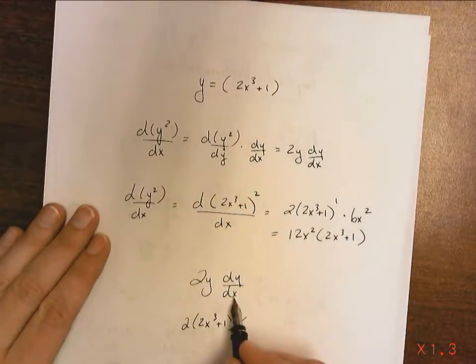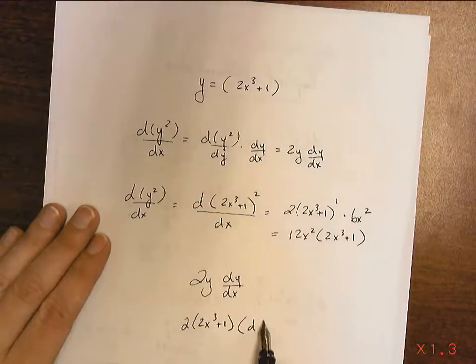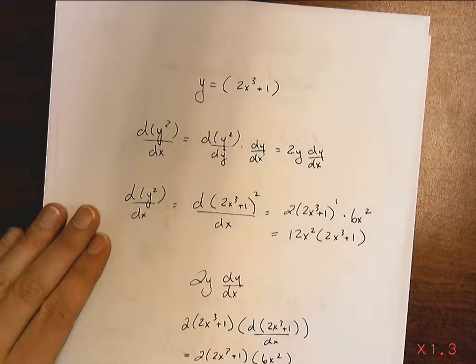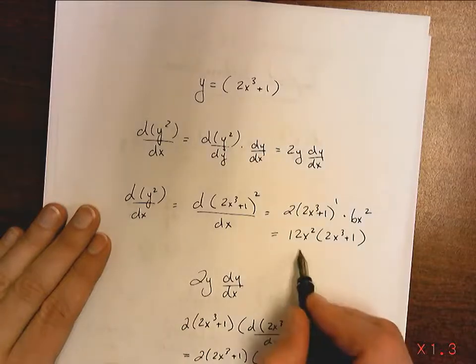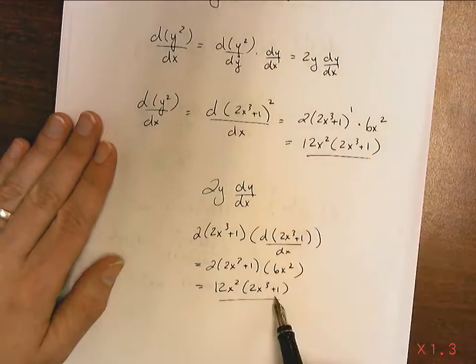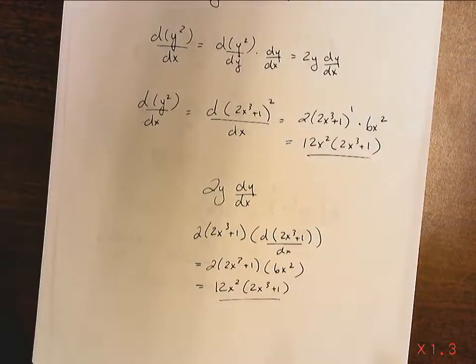The derivative of y in terms of x is simply going to be 2(2x cubed plus 1)(6x squared), which is 12x squared (2x cubed plus 1). And you'll notice that this answer here and this answer here are the same.